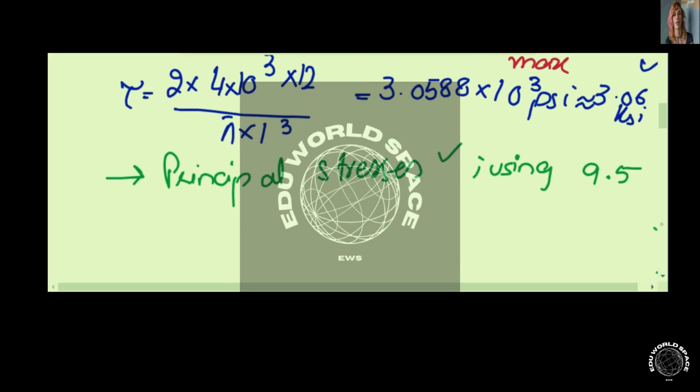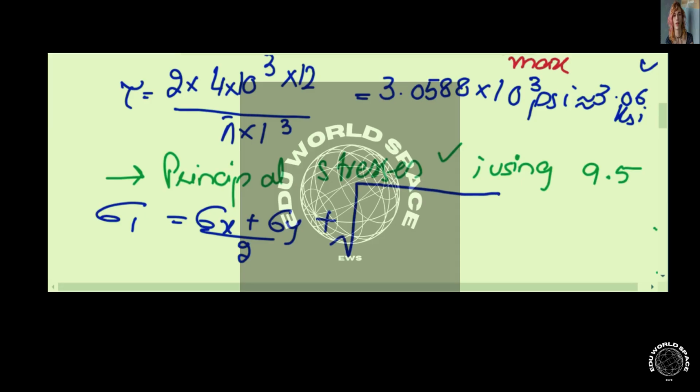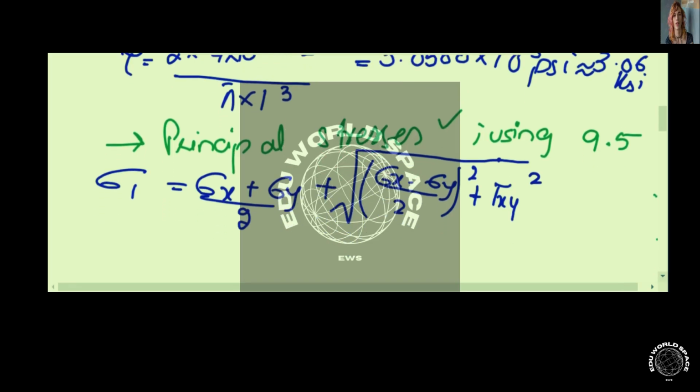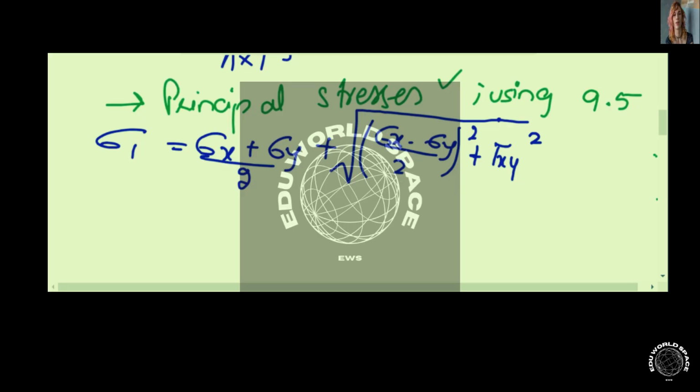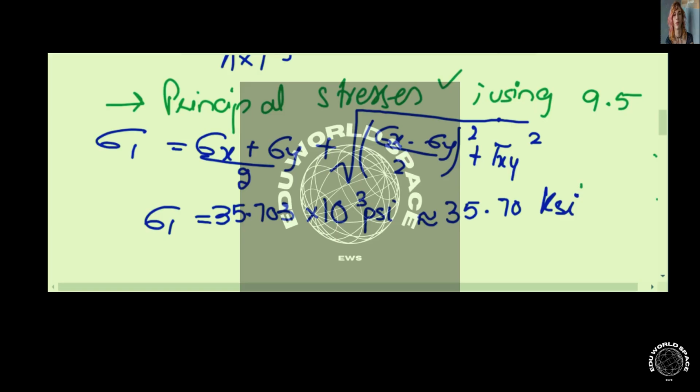First we solve for sigma sub 1, which is equal to (sigma sub x plus sigma sub y) divided by 2 plus the square root of ((sigma sub x minus sigma sub y) divided by 2) squared plus tau sub xy squared. Plugging in the values, sigma sub 1 is equal to 35.703 times 10 raised to the power 3 psi, approximately 35.70 ksi.